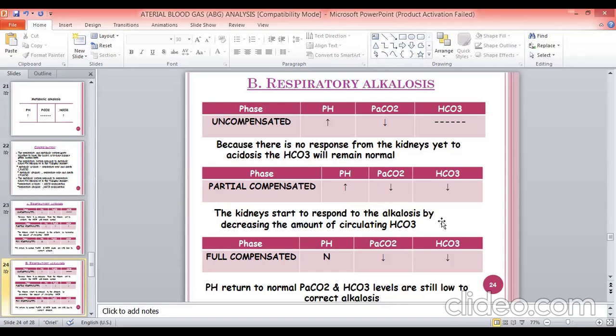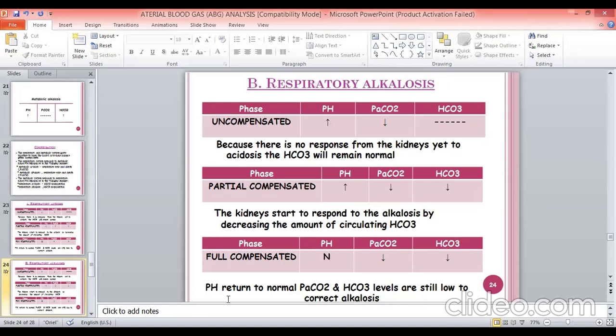So pH is increased there. We have to remove the bicarbonate, so the kidney is going to respond and the circulating bicarbonate level is going to decrease. Once full compensation occurs, the pH comes to the normal range, and partial pressure of carbon dioxide and bicarbonate are still in a decreasing phase.